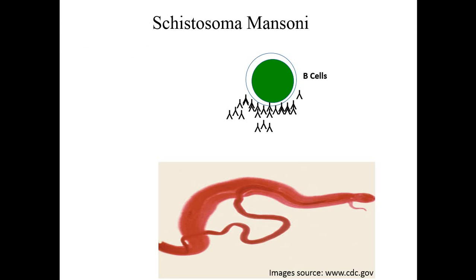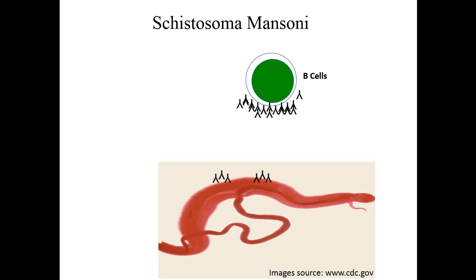We have worms as one of the major types of pathogens. Well, non-microbial pathogens. These guys are too big. They are not microbes, but they're still infectious agents. So worms are one of the major groups of infectious agents. How can we deal with worms? Well, worms cannot be neutralized. They are too big to be neutralized. You cannot phagocytose them, so opsonization is not going to work.